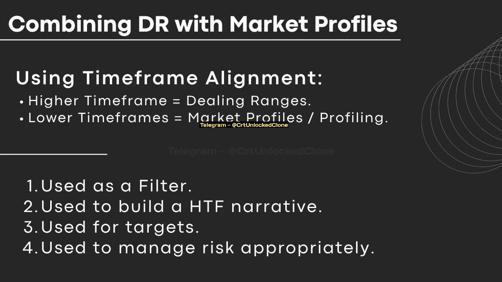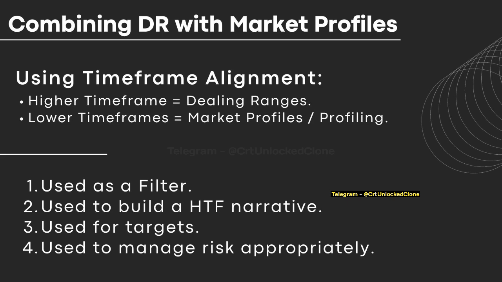Dealing ranges are used to filter out your targets, you could even use it for that purpose as well. You will learn how to do this in the later part of this chapter, but you must remember that you could use it for this purpose as well. Then last but not least, it will also be used for managing risk based on filtering. These are some of the things that dealing ranges will help you with. Let's move on to the next slide.